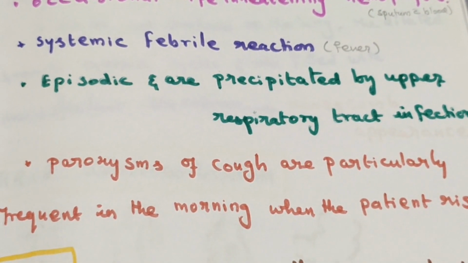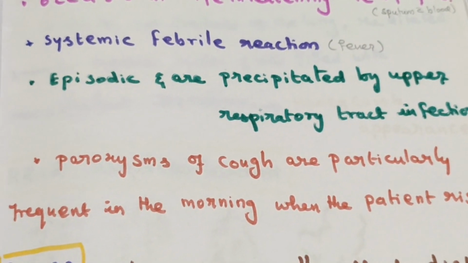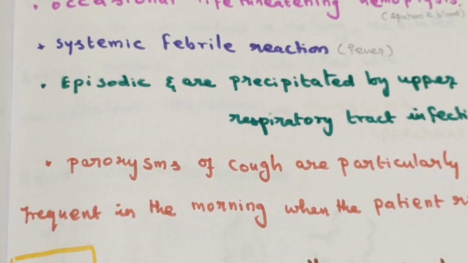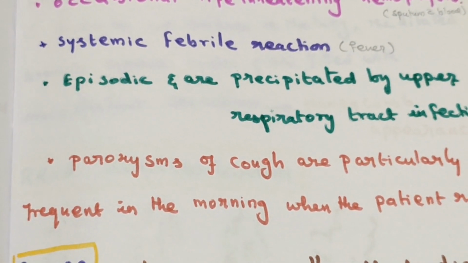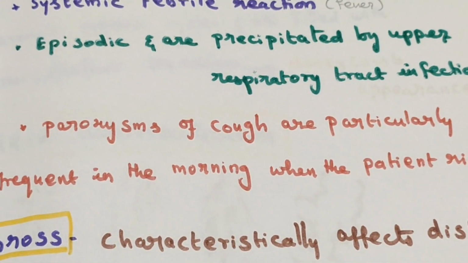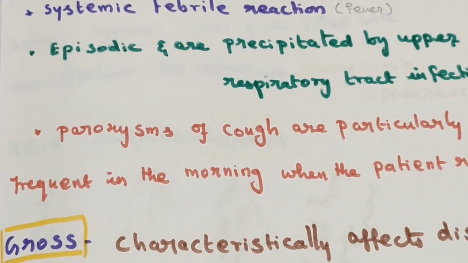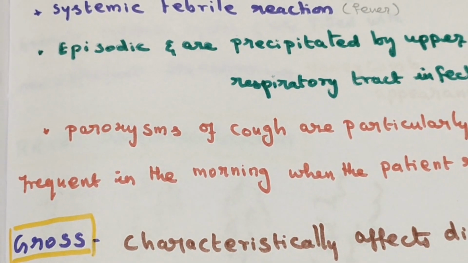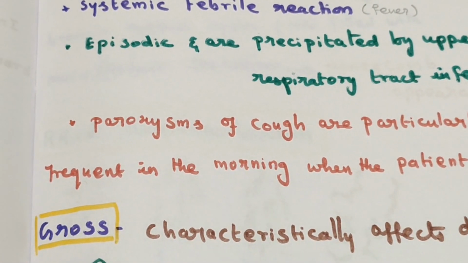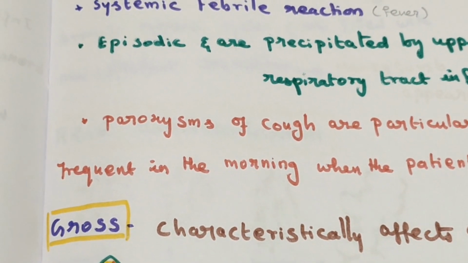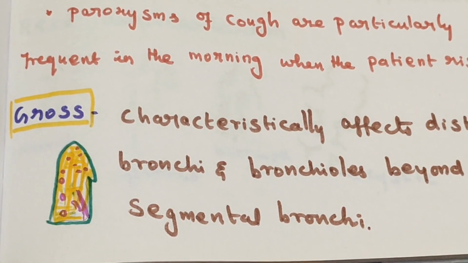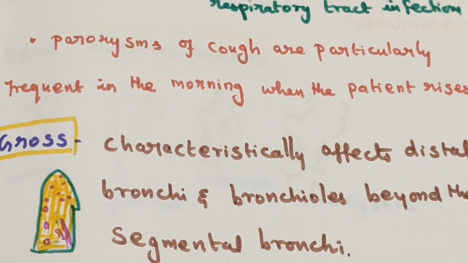That's because the whole night secretions are pooled. When the patient rises suddenly, these pooled secretions gain access to the bronchi and bronchioles, resulting in paroxysms, basically to expel them. The patient will have continuous cough with sputum production. Next is the gross morphological picture.